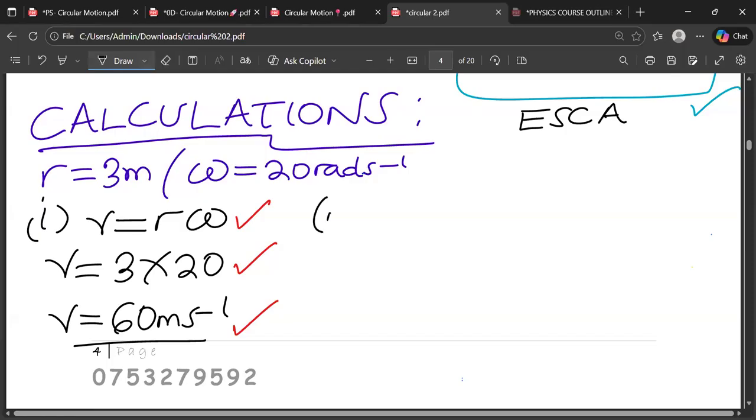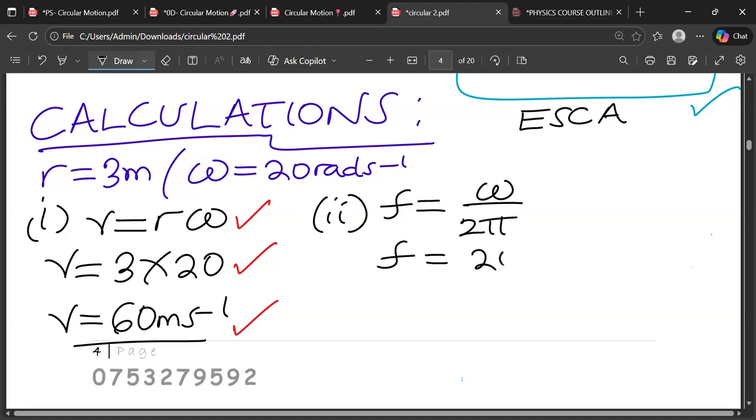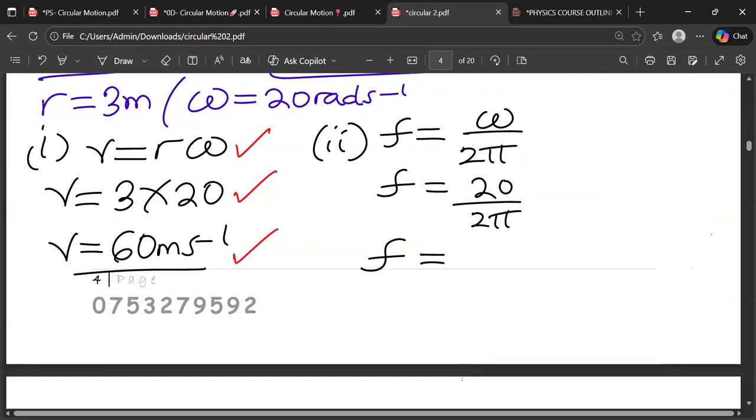So Roman 2, you now know they want frequency. So you come and say that the frequency, as we have realized, is omega over what? 2 pi. So you say frequency, my omega is 20 over 2 pi. So what is the frequency? After getting the frequency in revolutions per second, you conclude.